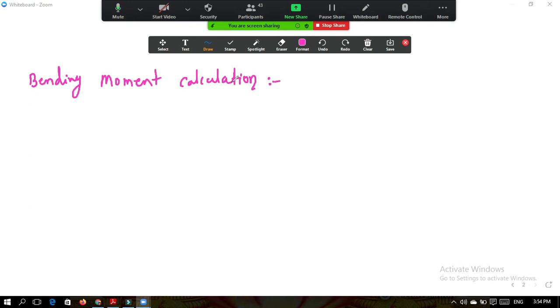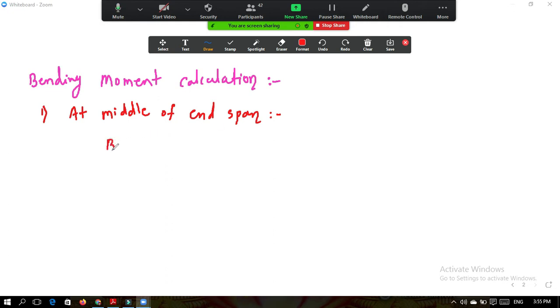Now we are going to calculate the bending moment. The bending moment will be calculated at different locations. The first point is at middle of end span. We are going to calculate the bending moment at middle of end span.